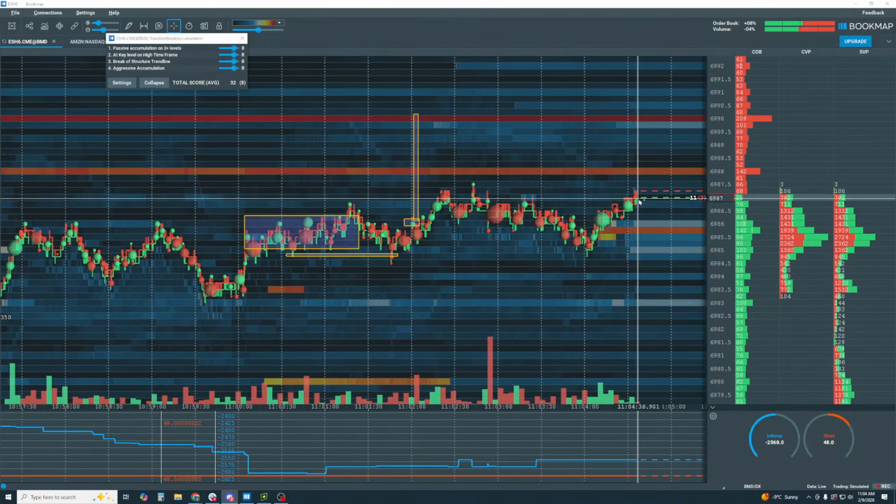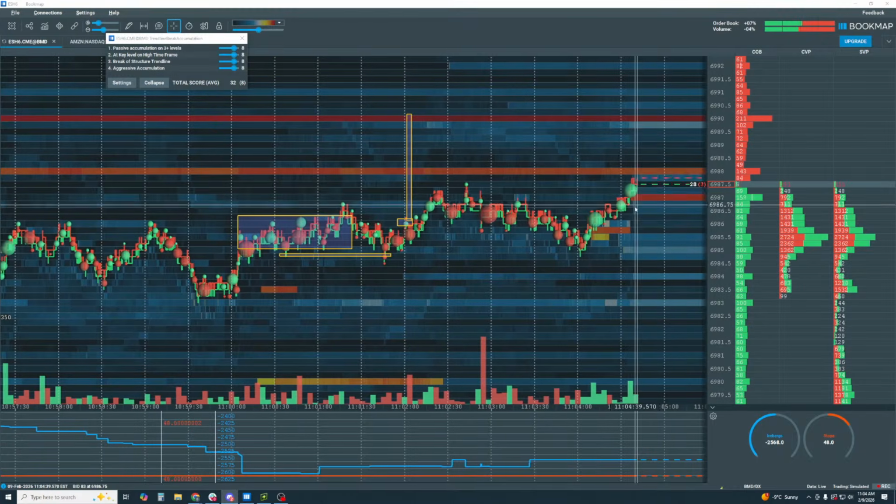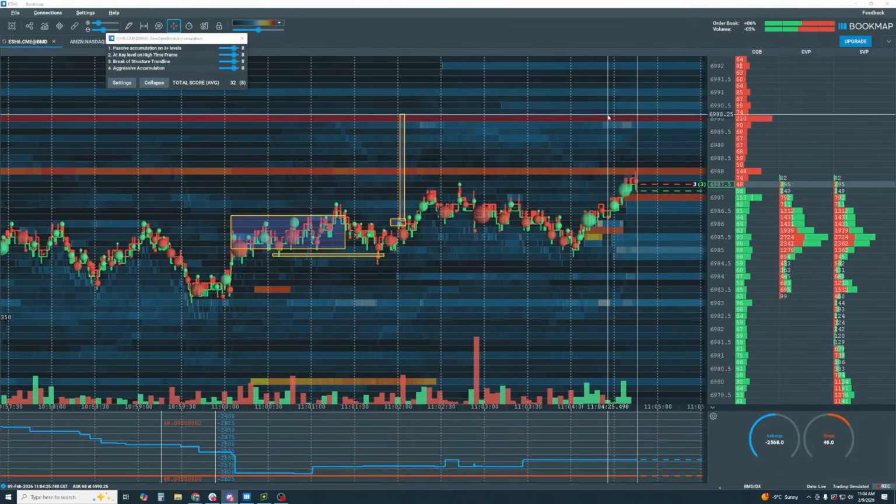All right, let's see it now. I'm looking for that spike here, and then a quick move up above 88. It's got to be up into 90.